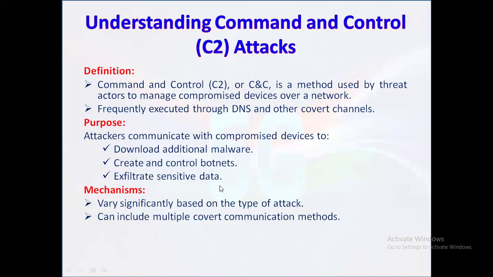The mechanisms used for C2 attacks can vary greatly, with attackers employing multiple covert methods depending on the attack's complexity and objectives. This flexibility makes a C2 attack highly adaptable and difficult to detect, emphasizing the need for comprehensive security measures.